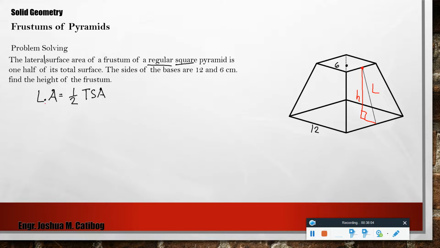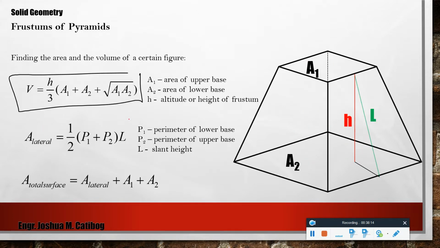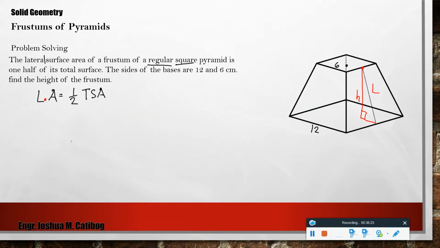Okay, sir, the lateral area, ano po kaya yung pwede dyan? Sabi po natin kanina, gamitin po natin yung formula ngayon. Ano po yung lateral area? Base po sa atin dito, this is 1/2 multiplied by P1 plus P2 multiplied by L. So 1/2, ang perimeter 1 po natin ay yung perimeter ng taas.